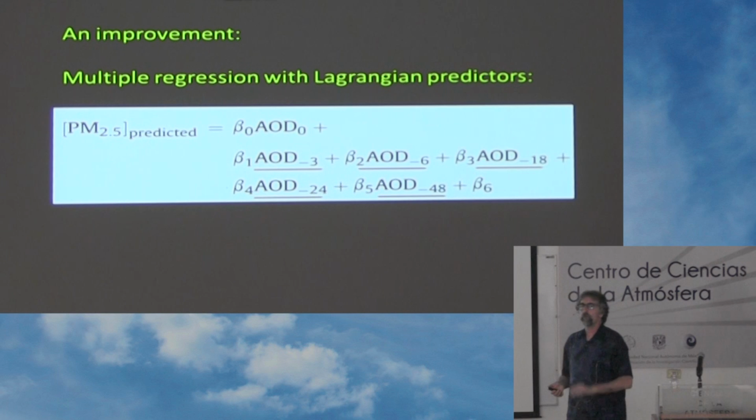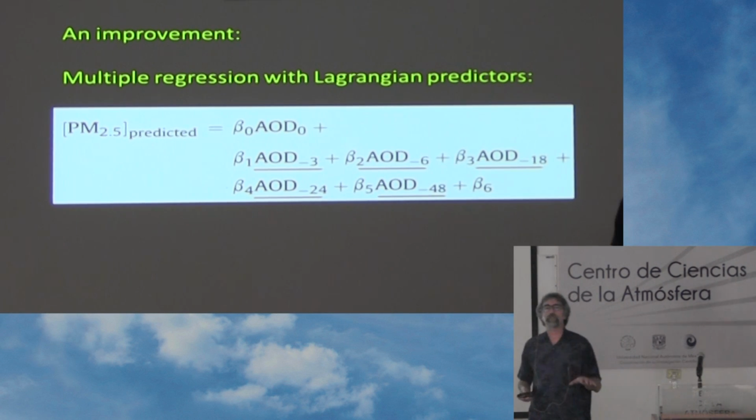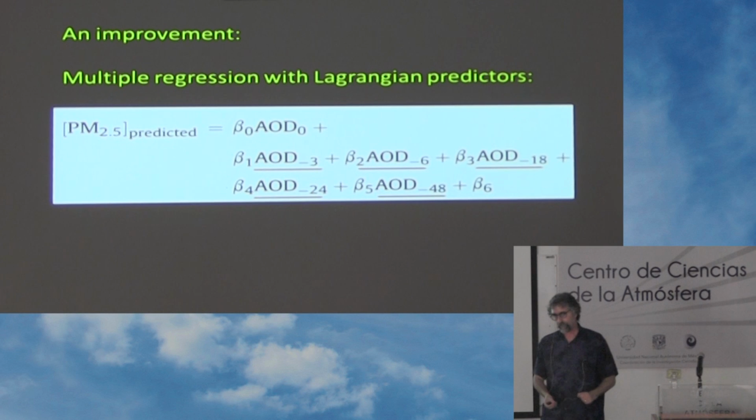So we had an idea that we can improve this regression model for PM 2.5 by using what we call Lagrangian predictors. So the idea is this. If you measure aerosols here, usually those aerosols came from somewhere else.